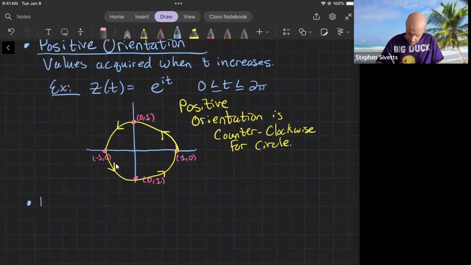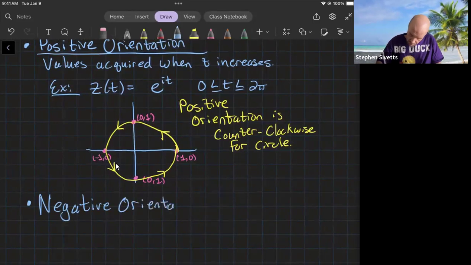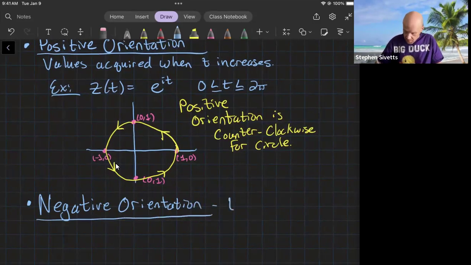Okay? There's also negative orientation. And it's exactly the opposite of the positive orientation. So this is a curve that is traveling in the opposite direction.